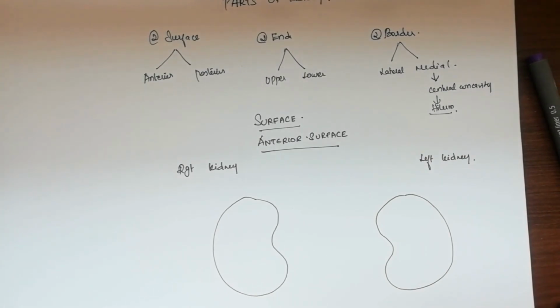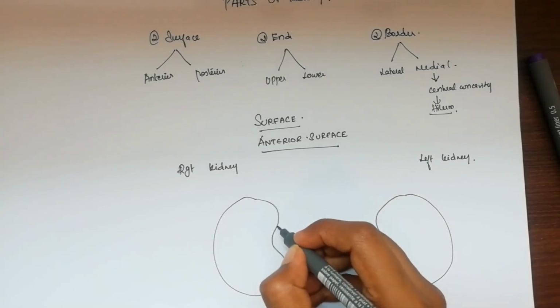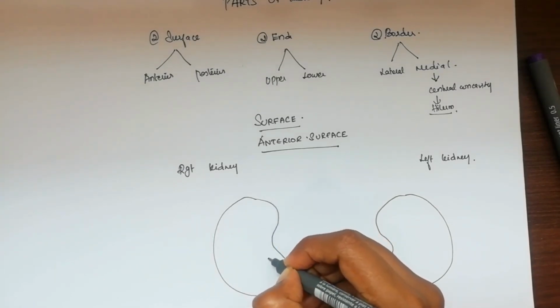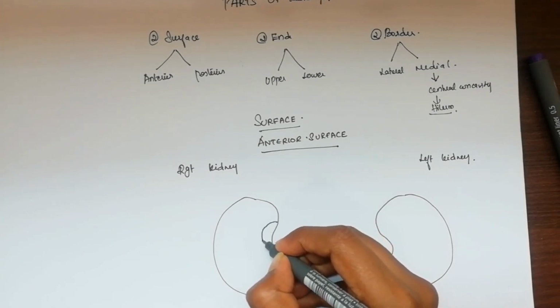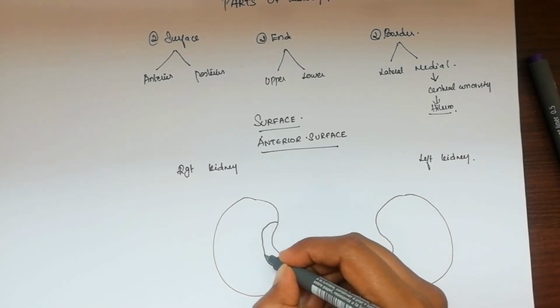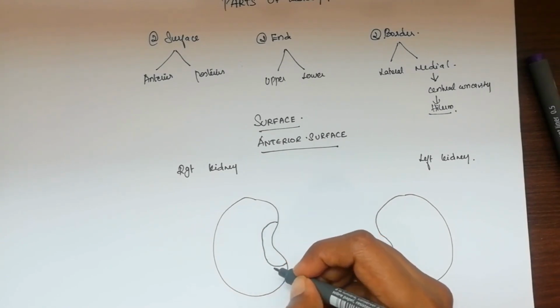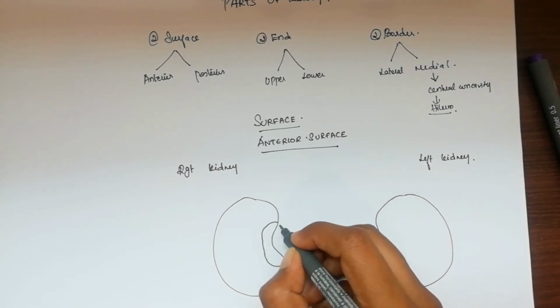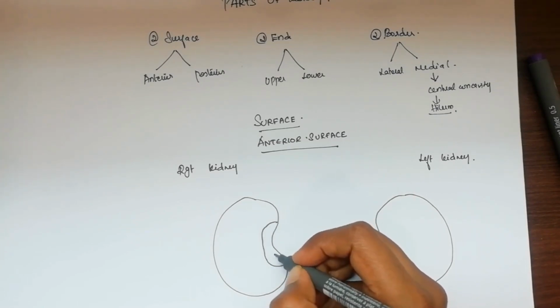In the right kidney, near the concavity or the medial end, we have a concave organ related, which is the duodenum. The duodenum has a C-shaped curve, and that curve is related just anterior to the right kidney.